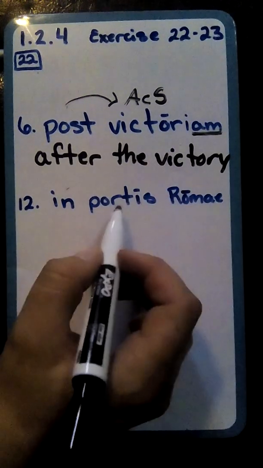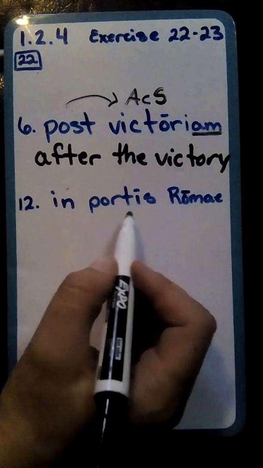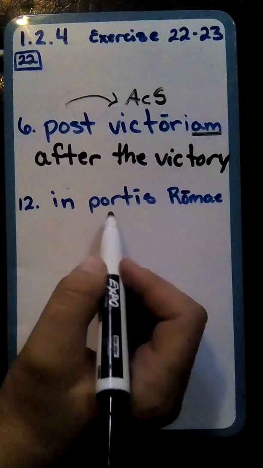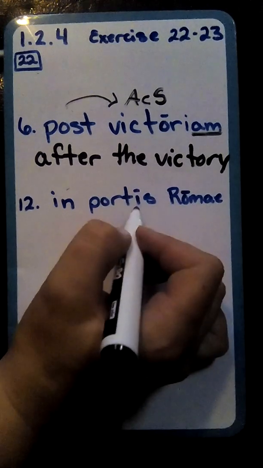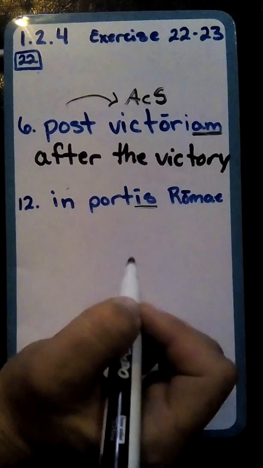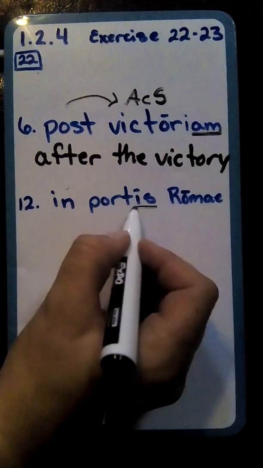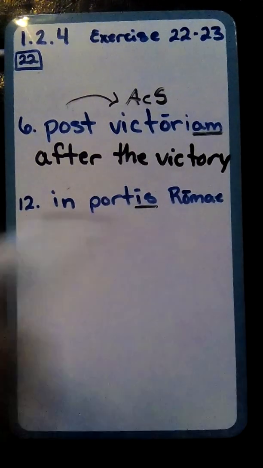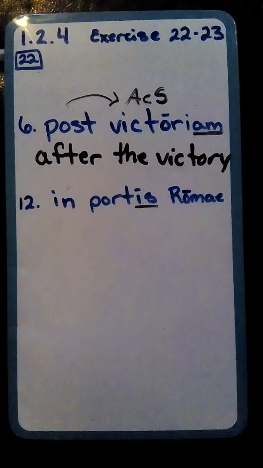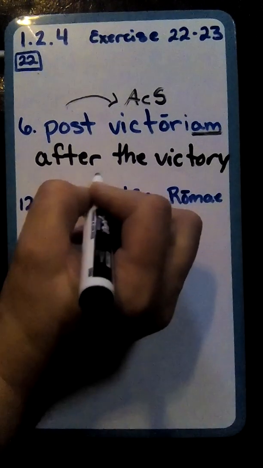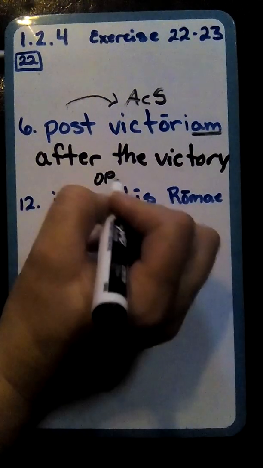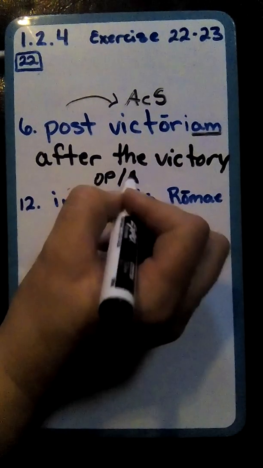So in, we're going to look at partis, and this comes from the word parta, partae, for gate. The ae tells us that it is in the first declension, and we're going to look for this is ending. And in the first declension, the is ending comes with the dative plural and the ablative plural.